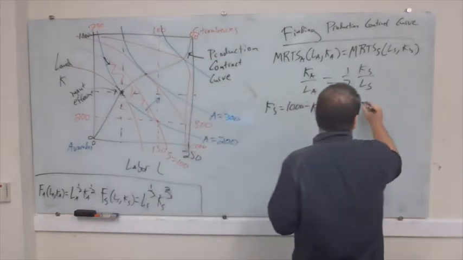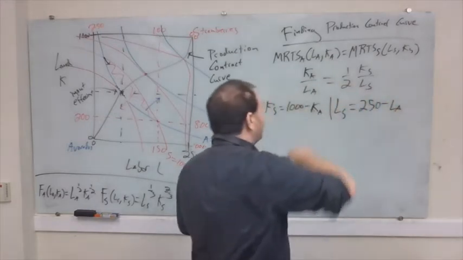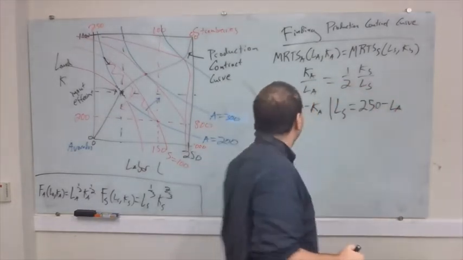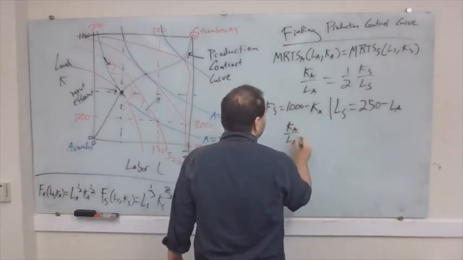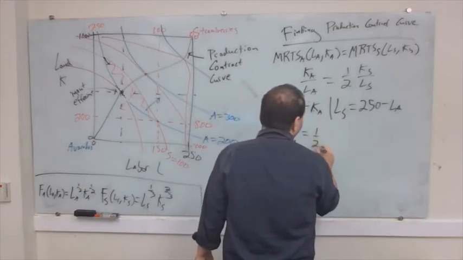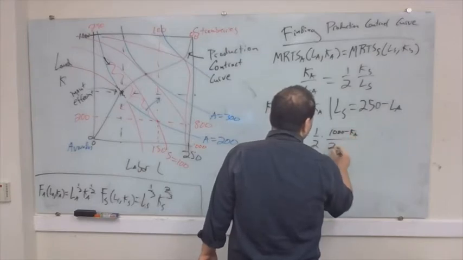So L_S equals 250 minus L_A. So I can replace K_S and L_S here, so that I can say K_A over L_A equals 1/2 times (1,000 minus K_A) over (250 minus L_A).